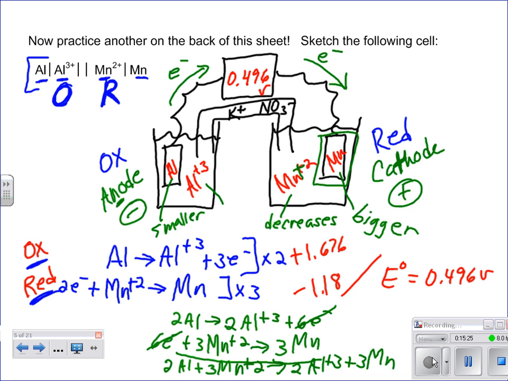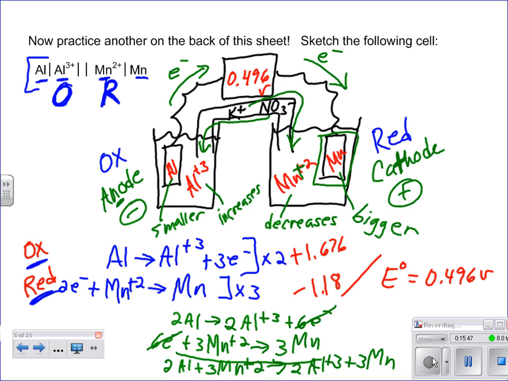And it's the opposite for your aluminum ions, which increase in amount. So as far as replenishing, since we're losing electrons from our aluminum, the nitrate ions need to replenish that, so we need our negatives going in that direction. Our positives need to replenish on this side.